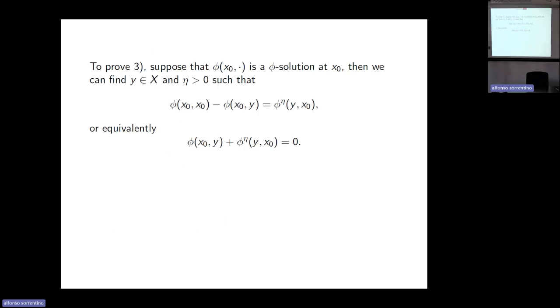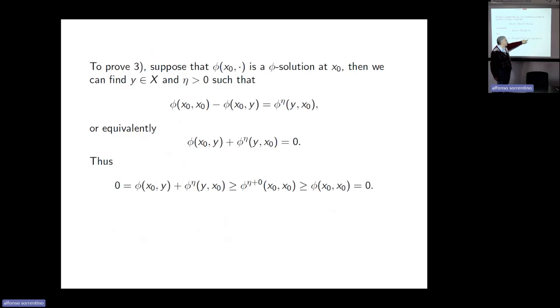So equivalently, this tells me that phi of x0y plus phi eta y x0 is 0, because this one is 0. Okay? So we get 0 is equal to phi of x0y plus phi eta of y x0. Well, by the triangular inequality you proved, it's larger than phi eta plus 0 of x0 x0, which is phi of x0 x0.